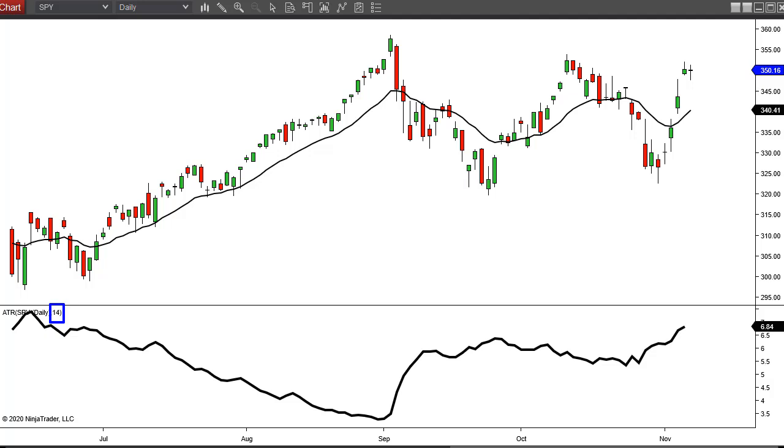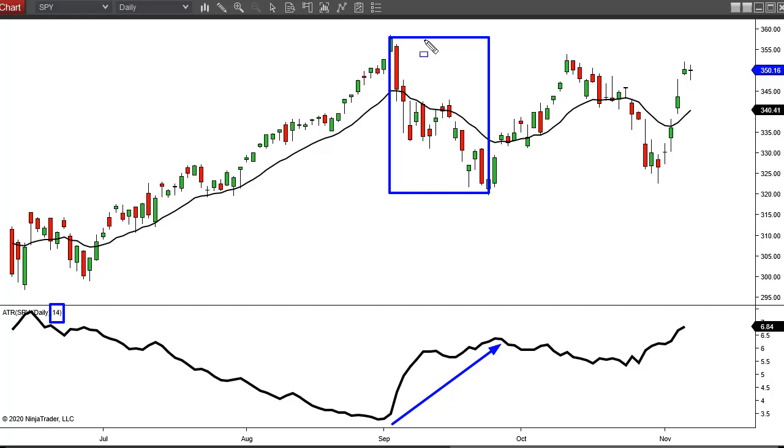What happens? Volatility, now ATR goes up, showing high volatility. And then if we draw our little rectangle here, look what we got. Again, a high rectangle and a narrow range rectangle in time.